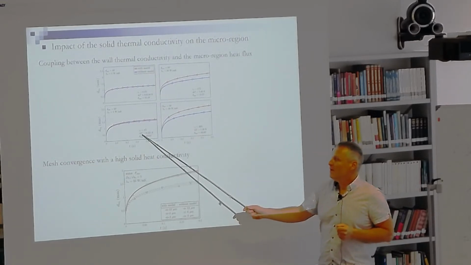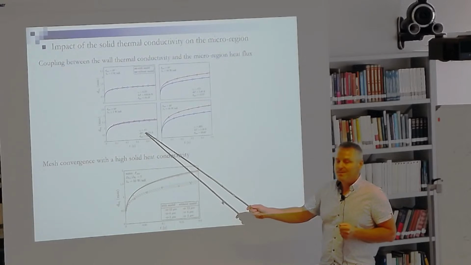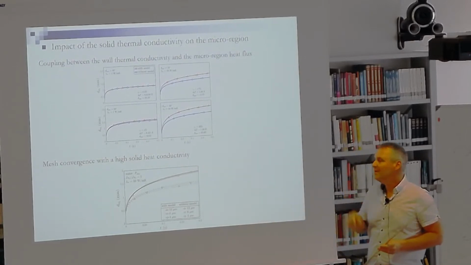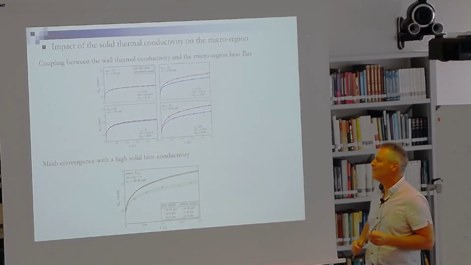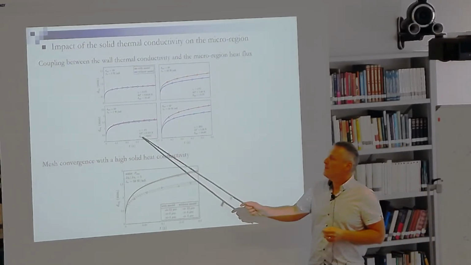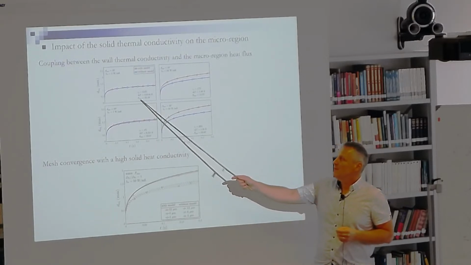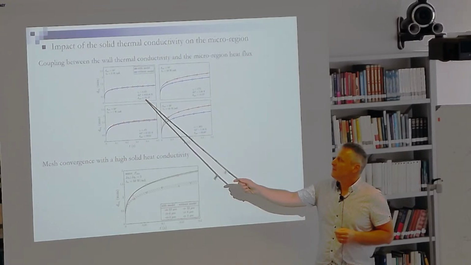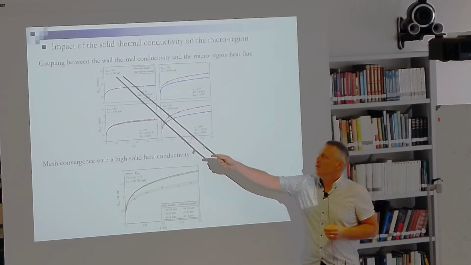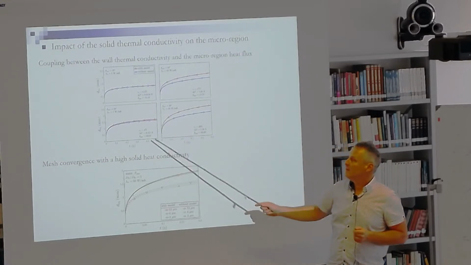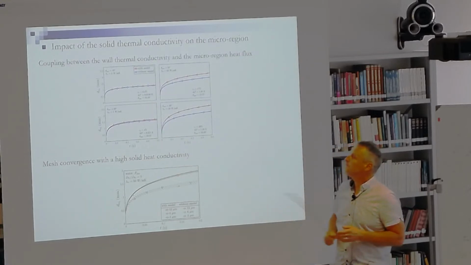On the wall, the temperature jump in the microregion is very moderate, less than 1 K. And the correction on the apparent contact angle is also very moderate, because here we have the microscopic contact angle and here the apparent contact angle, so the correction is very low.